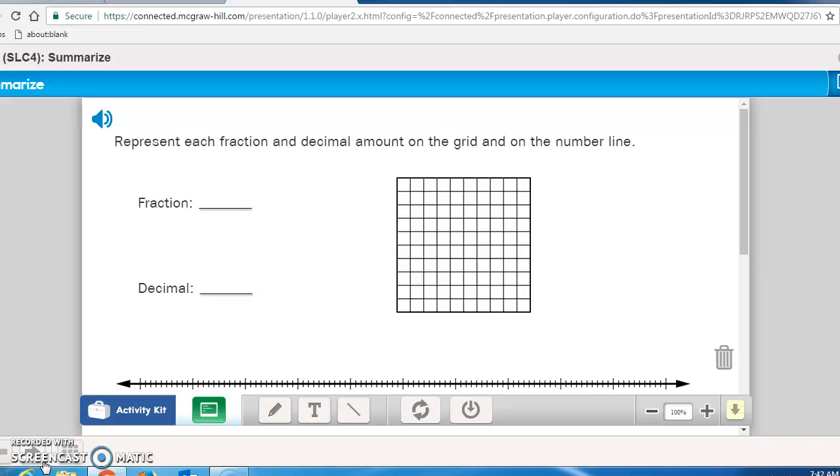look at this representation. It says represent each fraction and decimal amount on the grid and on the number line. So if I tell you that there are 3 longs to be placed on this grid, you would fill in 1, 2, 3.